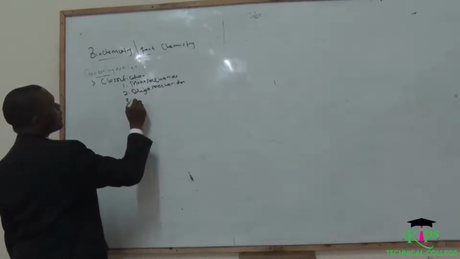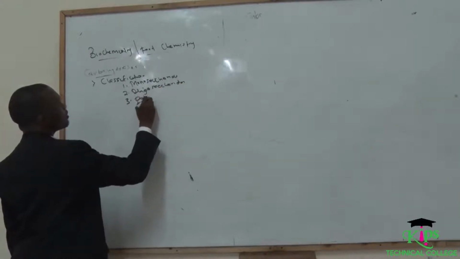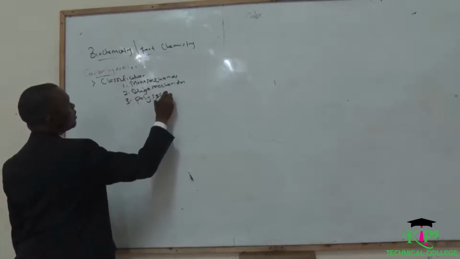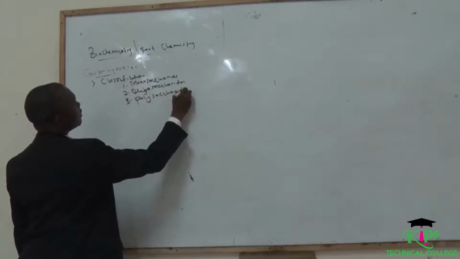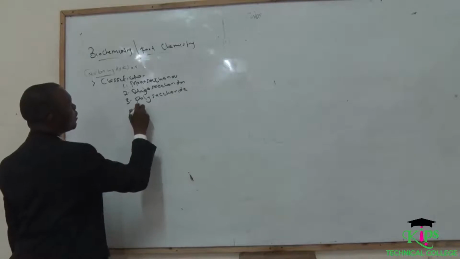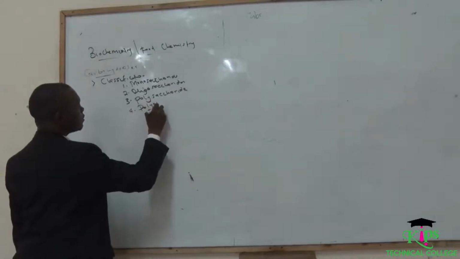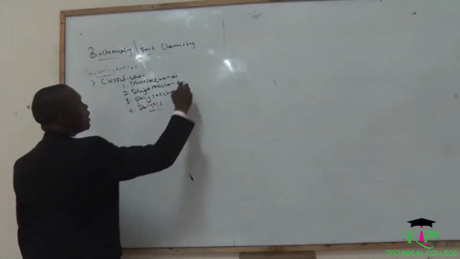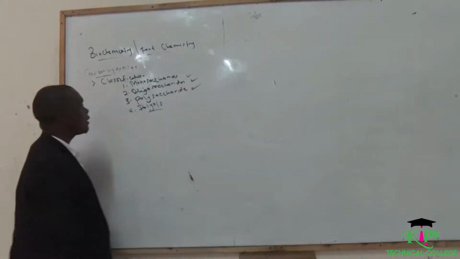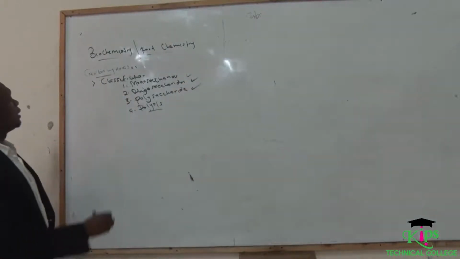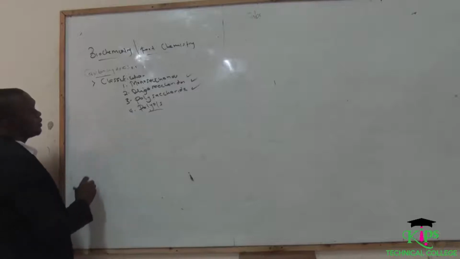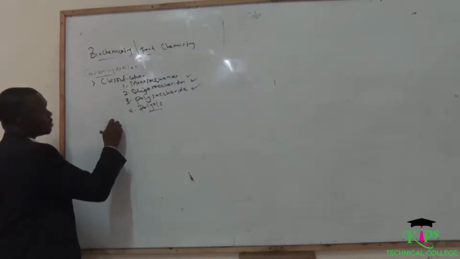Number three, we have polysaccharides. Then number four, we have polyols. But for us, we won't concentrate on polyols that much. Our main concentration will be the first three. Let us begin with the first one, monosaccharides.